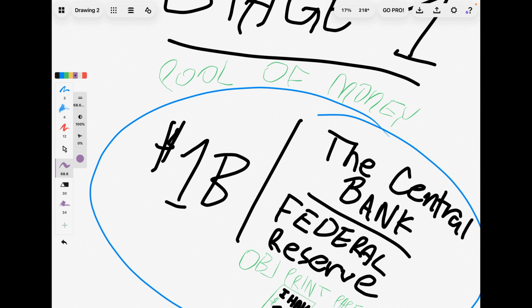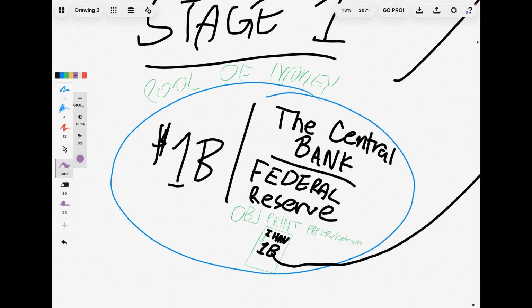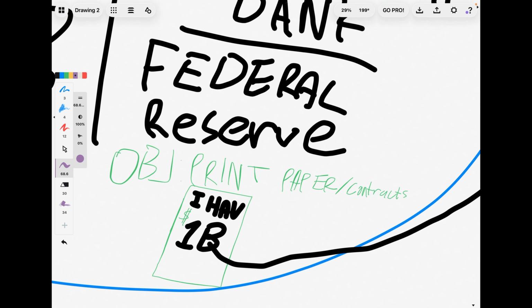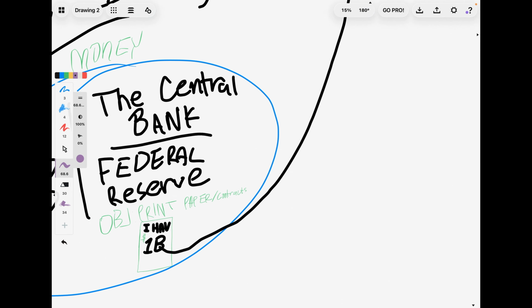We're going to create $1 billion in the country of Meek, right? I'm going to put it on a contract: I have $1 billion. Now remember, I just printed $1 billion, and then I made a contract that says I have $1 billion. Two different things.